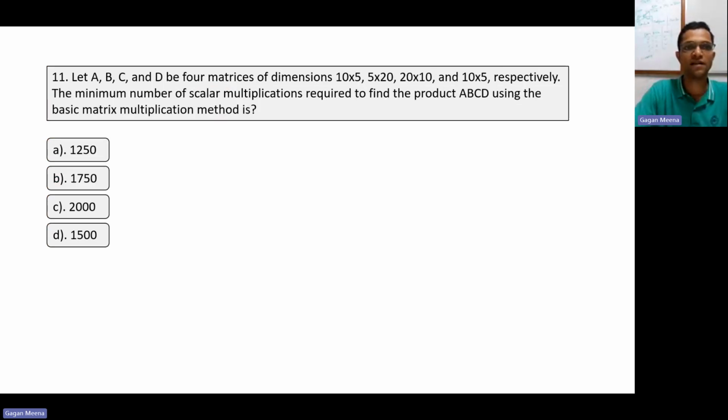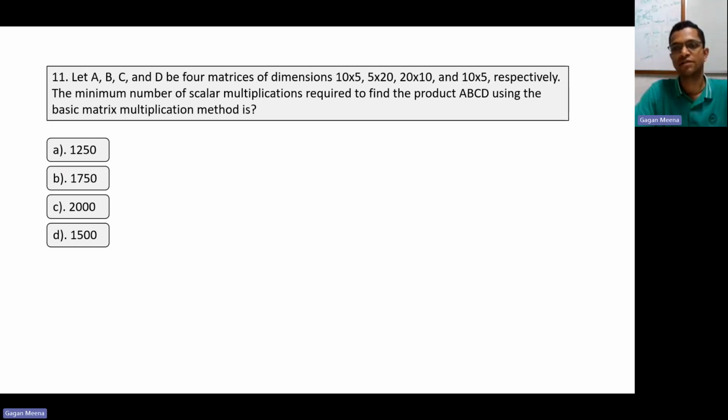Let A, B, C, and D be four matrices of dimension 10 cross 5, 5 cross 20, 20 cross 10, and 10 cross 5 respectively. You have to find out the minimum number of scalar multiplications required to find the product ABCD using the basic matrix multiplication method. We had seen this trick when we were solving this question in week 2 discussion.